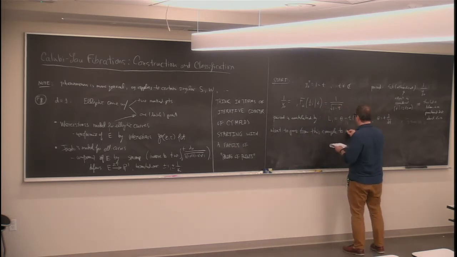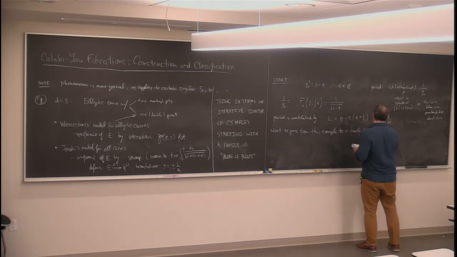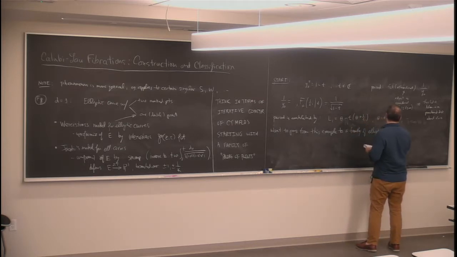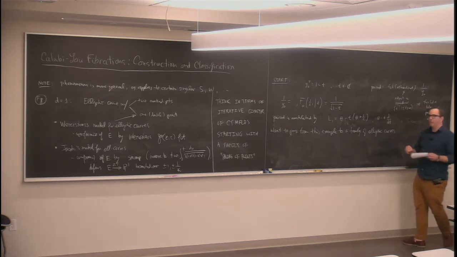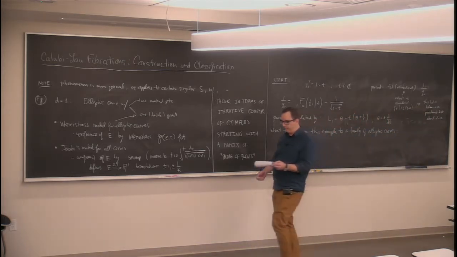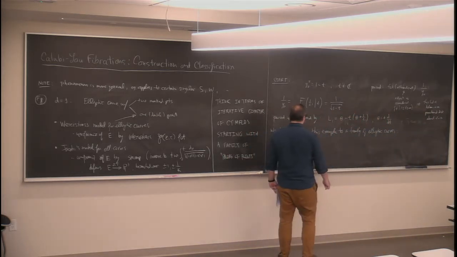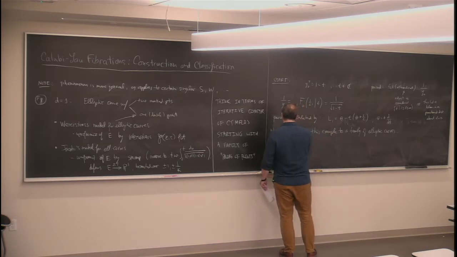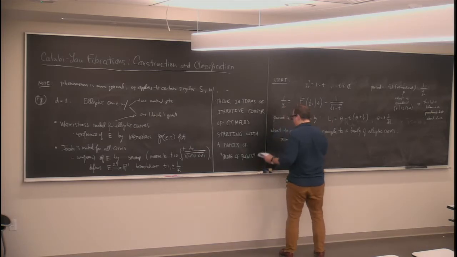Now, what we want to do is to pass from this example to a family of elliptic curves. In other words, we want to bootstrap from the lower dimensional Calabi-Yau families to higher dimensional Calabi-Yau families. Okay? And the first step to doing that is to promote the deformation variable.